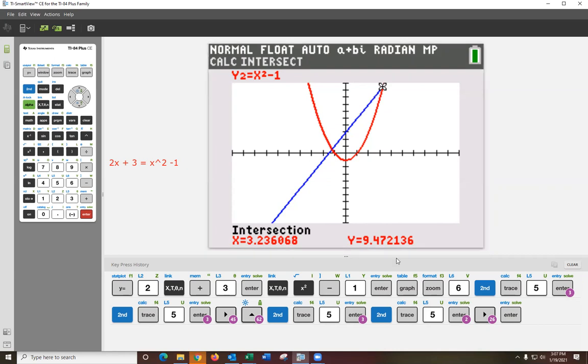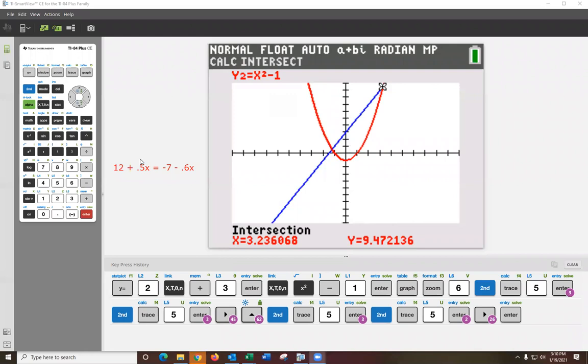I'm not using the y value for this. There are times when you will use the y value for different things, but not this. When you're just solving a regular old equation, you don't use the y value, the y coordinate of the intersection point. So that's the idea. Let's try one more.